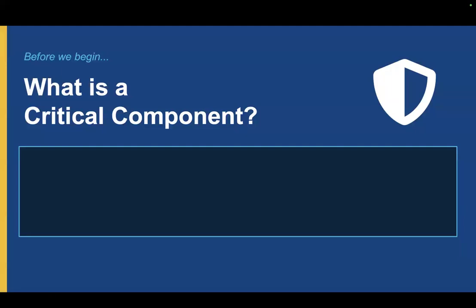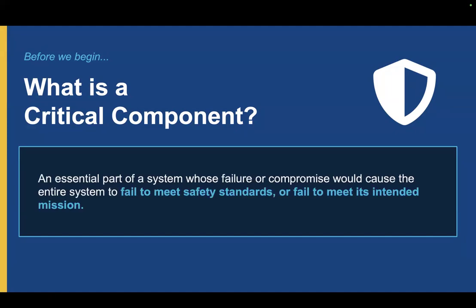So what's a critical component? To know what the critical components are, I think people need to be really clear about what it actually means. It's the essential part of a system whose failure or compromise would cause the entire system to fail to meet safety standards or fail to meet its intended mission.